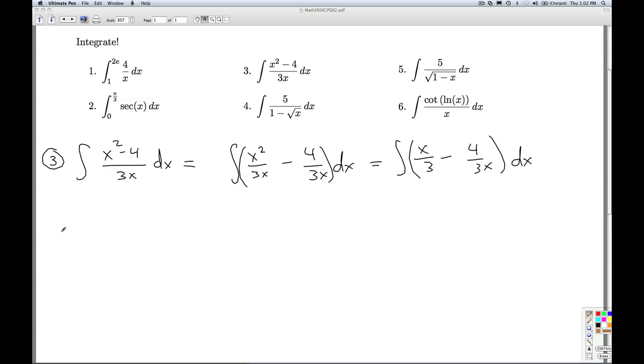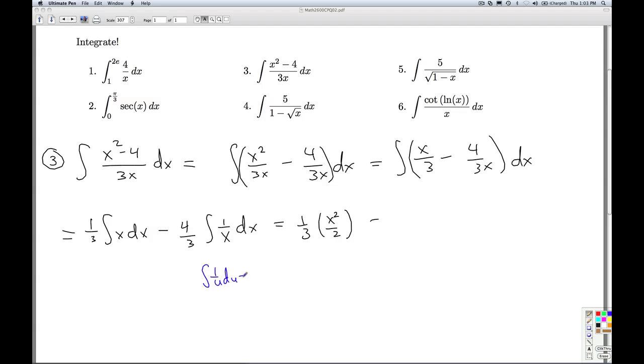Okay, so let's just keep going here. The first term, that's 1/3 integral x dx minus 4/3 integral 1 over x dx. This is a Calc 1 integral. That gives me x squared over 2 minus, this is our new form, which gives us the natural log.